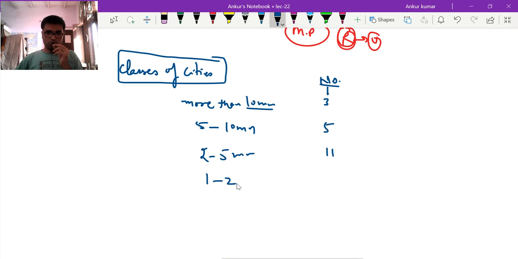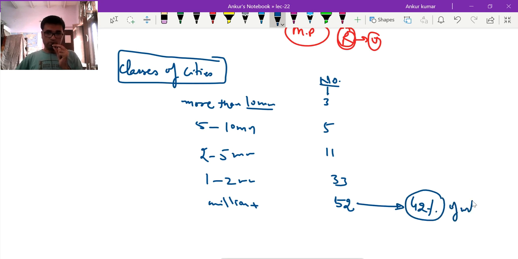Okay, 1 to 2 million people, their number is 33. And million plus, their number is 52, right? So million plus cities became 52, and these 52 million plus cities, as I said, 42% of urban population, not total of urban population, is there in these million plus cities.